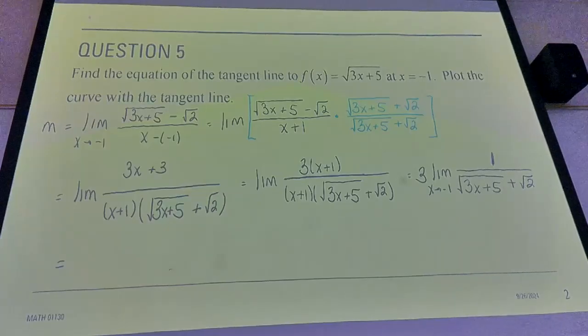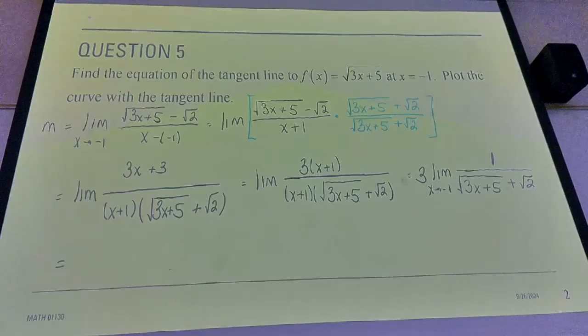Wouldn't the correct answer be 3 over 2? 3/2? How do you get that? You put in -1 for x, get 3 over square root of 2 plus square root of 2. Then you multiply the numerator by 3, but somewhere along the line you messed up.